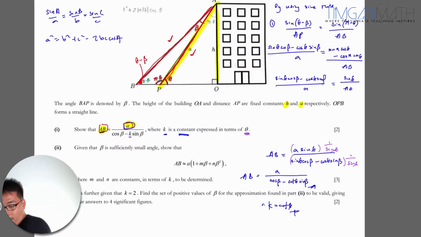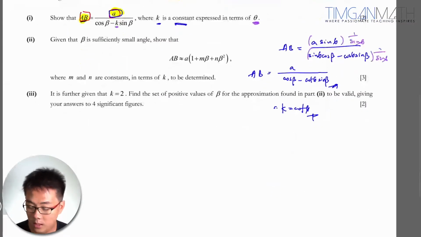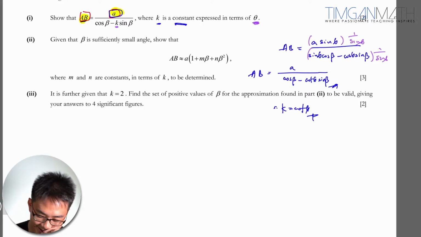Then after that, given that B is successfully small angle, show that this. Okay, B is successfully small angle, show that this. All right. So now let's look at this. If it's successfully small, I'm just going to slowly write now.